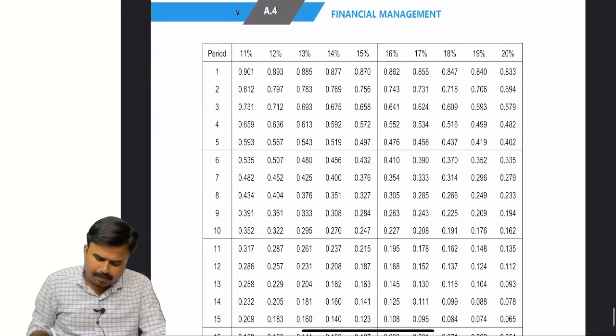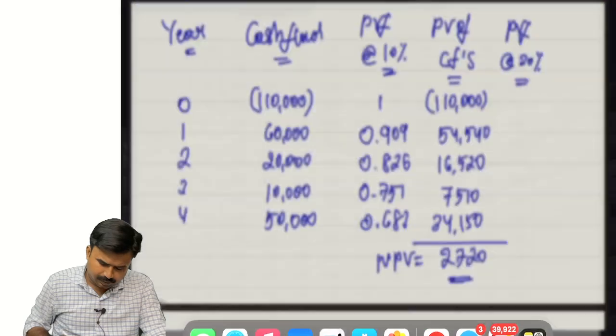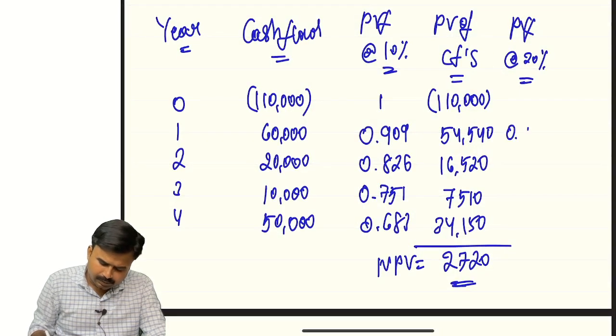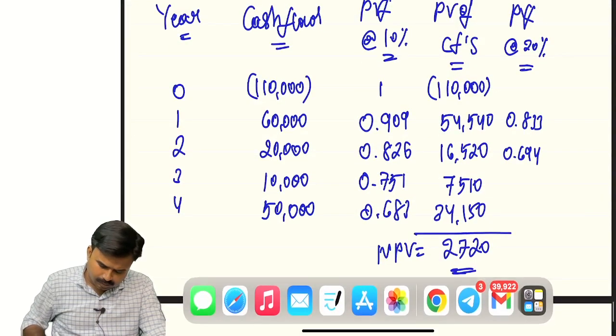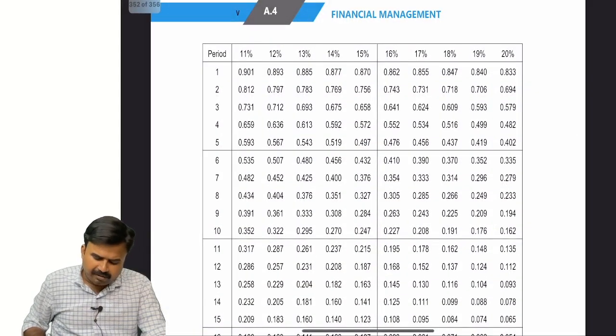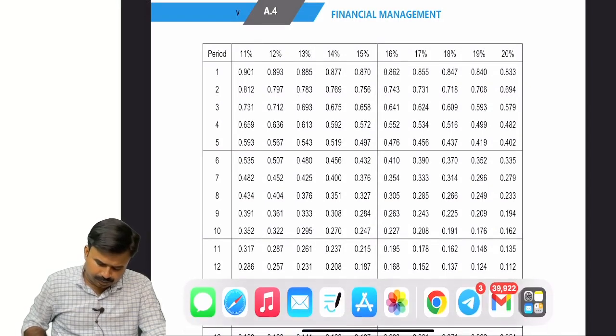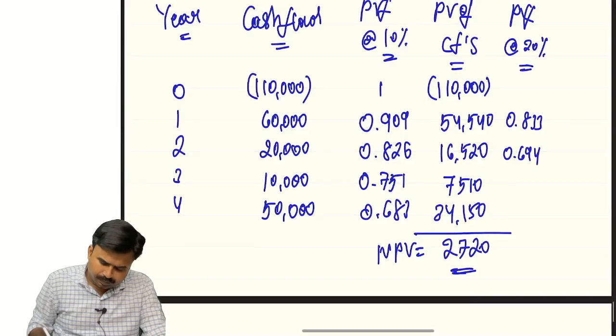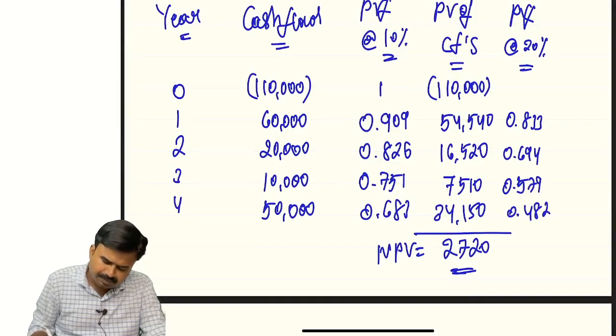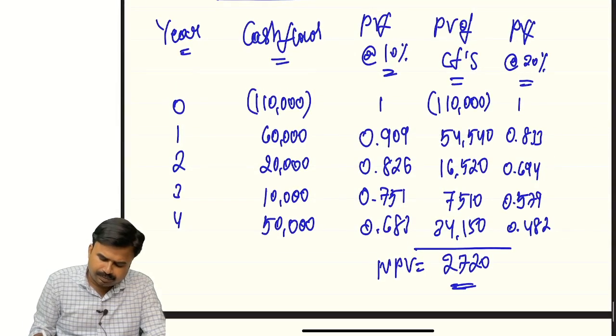Here are the factors: 0.833, 0.694, 0.579, 0.482.